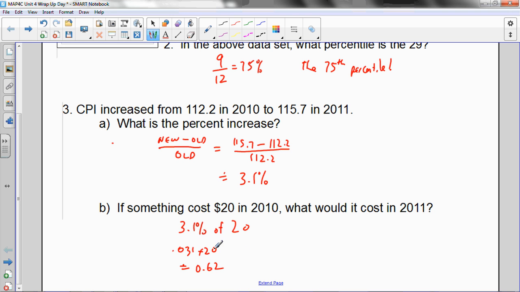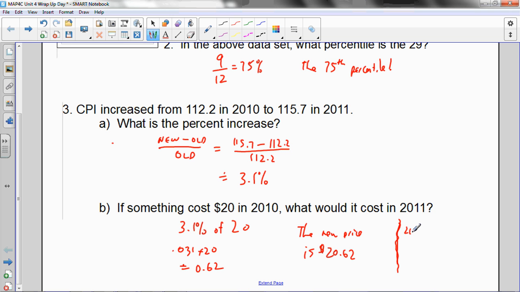And so that's how much the raise went up, 62 cents. So then the new price is $20.62.